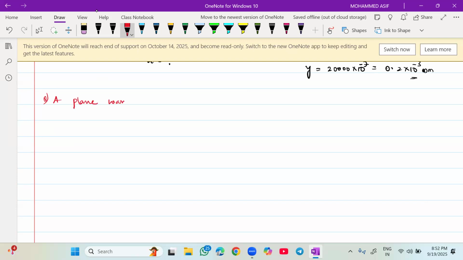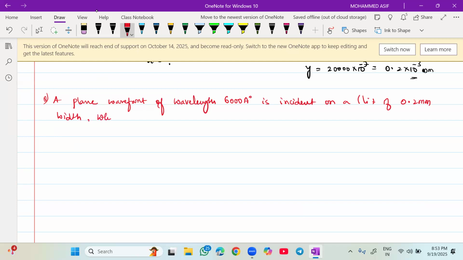See this question. A plane wavefront of wavelength 6,000 angstroms is incident on a slit of 0.2 mm width, which produces a diffraction pattern.